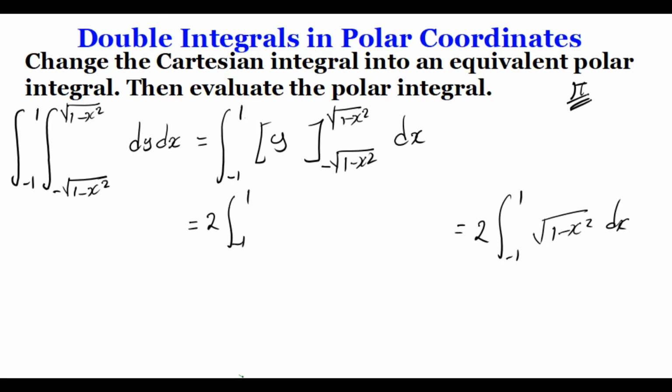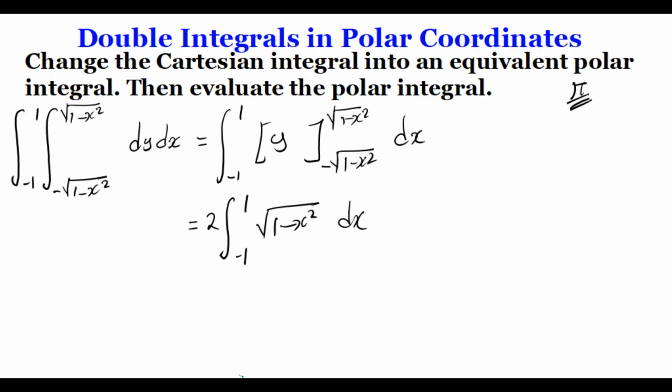From negative 1 to 1, you have the square root of 1 minus x squared, and you still have your dx here. So what can work out for me here is using trig substitution.